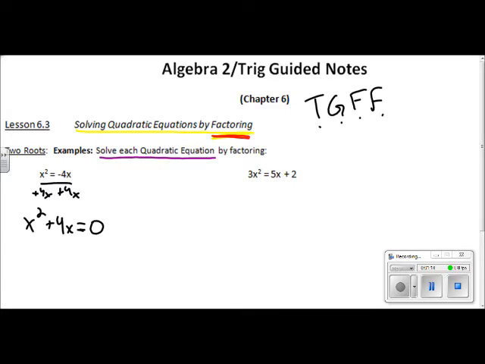First thing we want to recognize here is we have an x term in each of them that we can factor out. So if we just take an x right out of each of these, we're left with x plus 4 on the inside equals 0. Now in this case, we have essentially two numbers we're looking at. We have the monomial x on the outside here, and we have the binomial x plus 4.